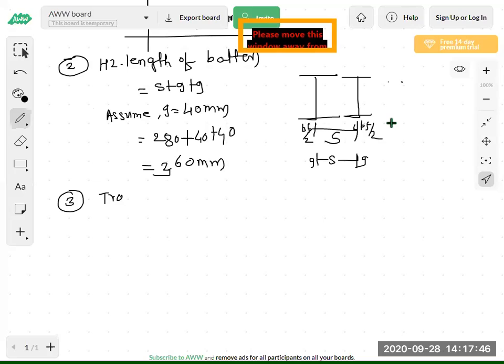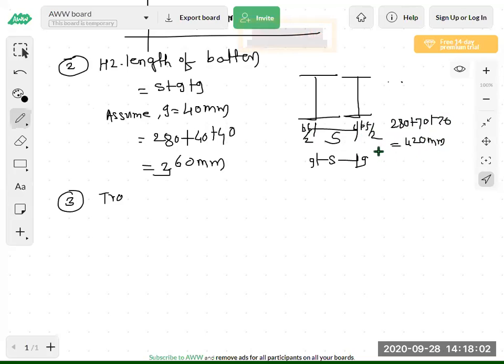If we add bf by 2, it means bf length is 140, so 70 plus 70, how much will we get? I think 420. Okay, no problem.